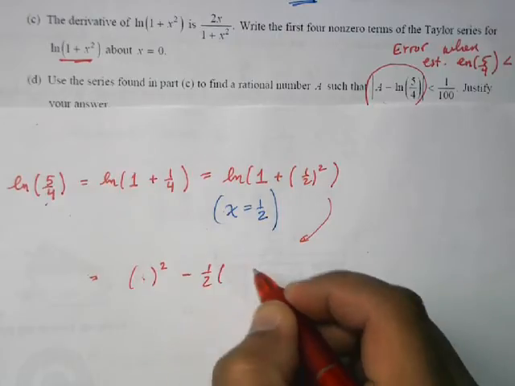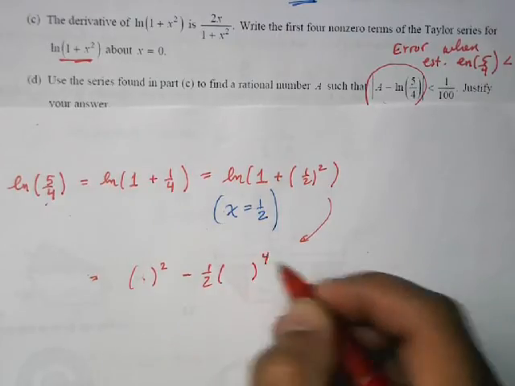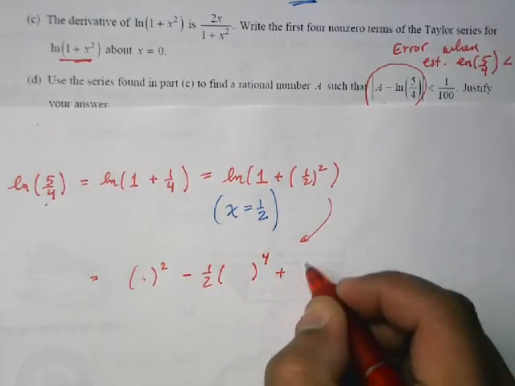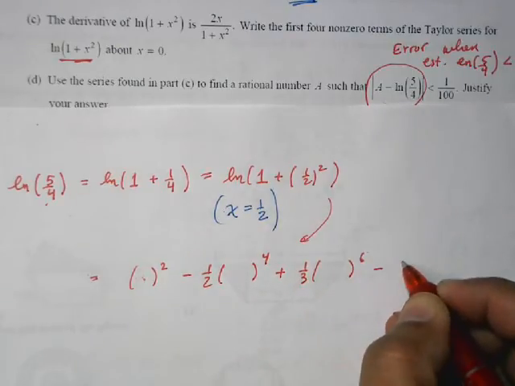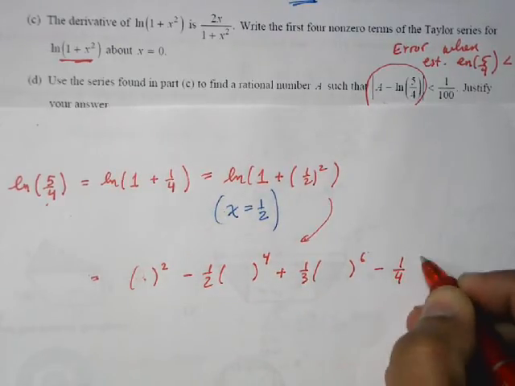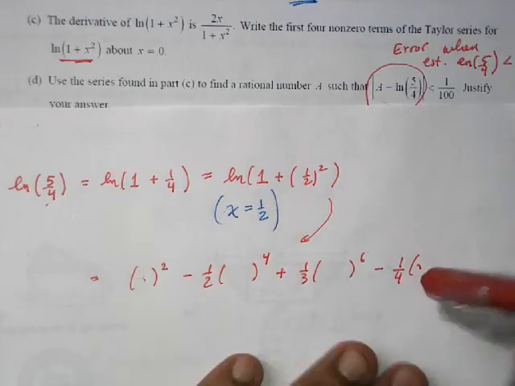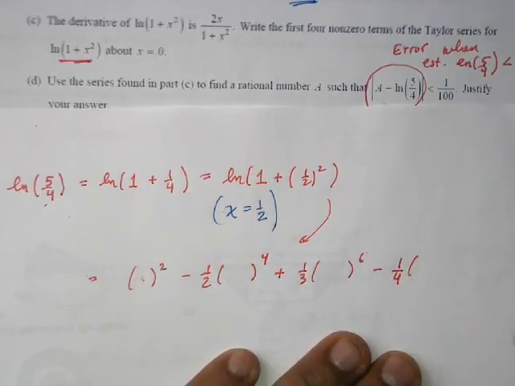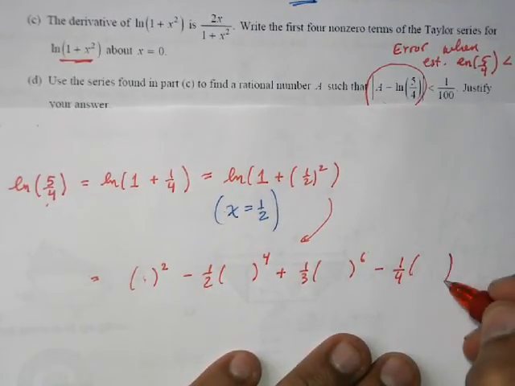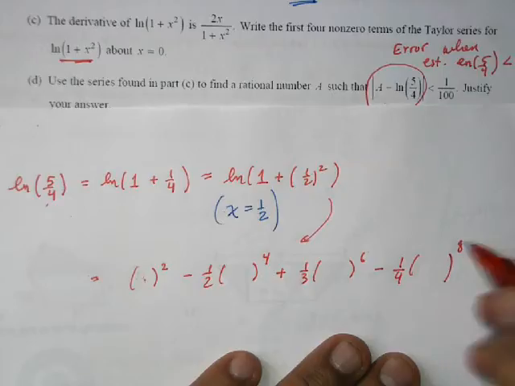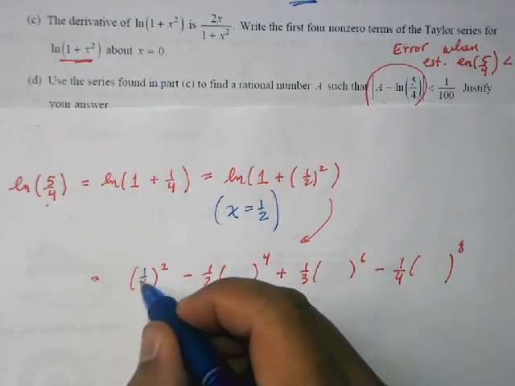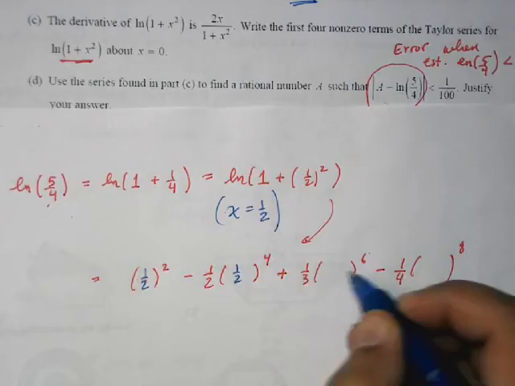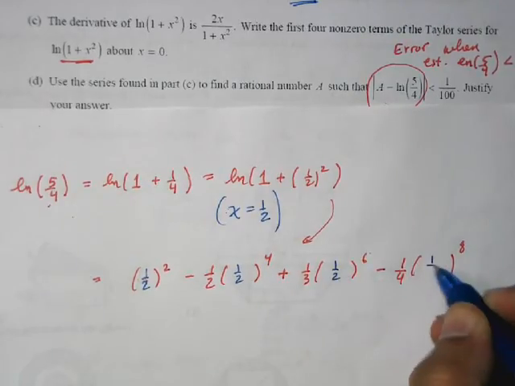I'm leaving parentheses here because I'm going to fill it in with 1/2 in a minute, minus 1/2 x to the 4th plus 1/3 x to the 6th minus 1/4 x to the 8th. And we're filling this in with 1/2.